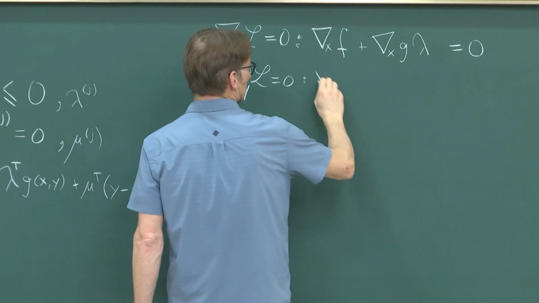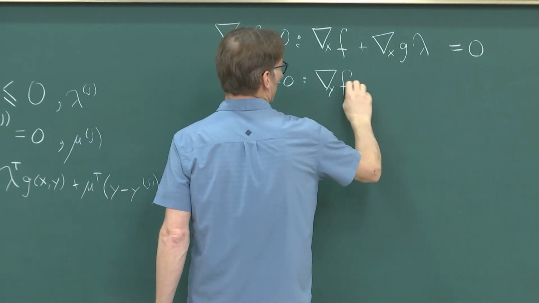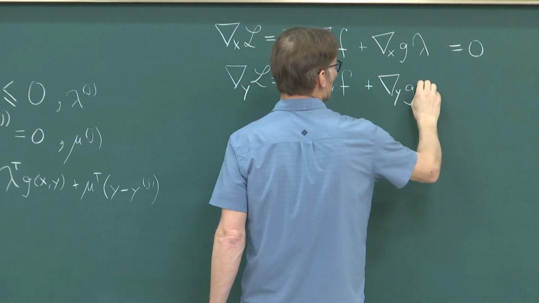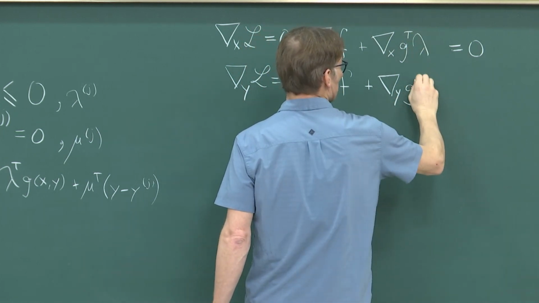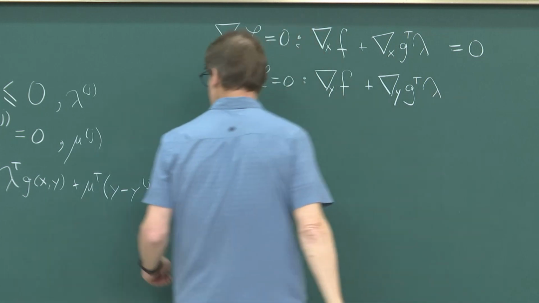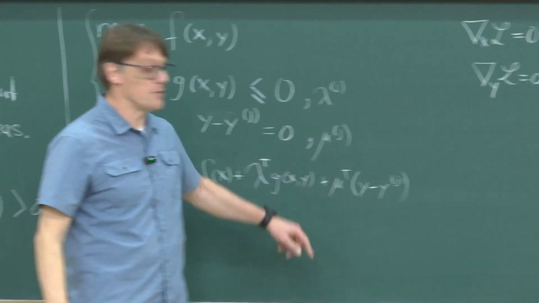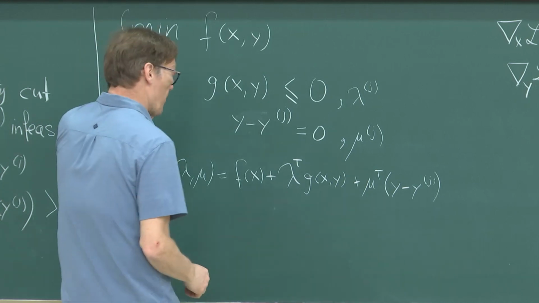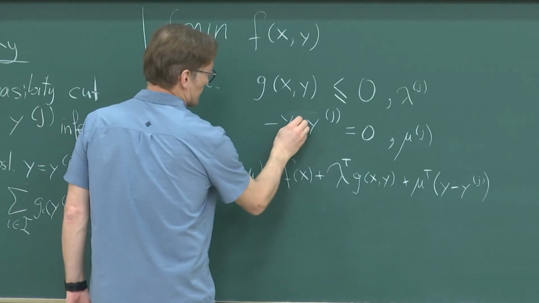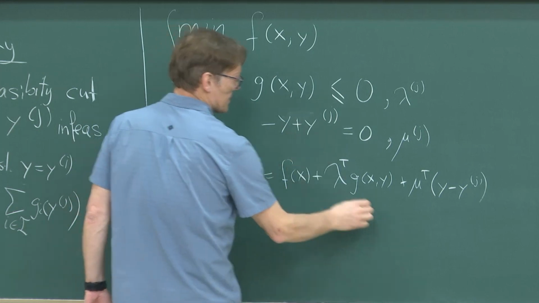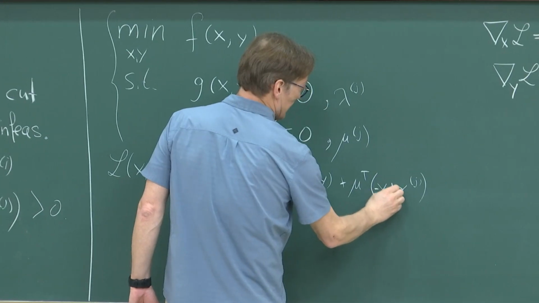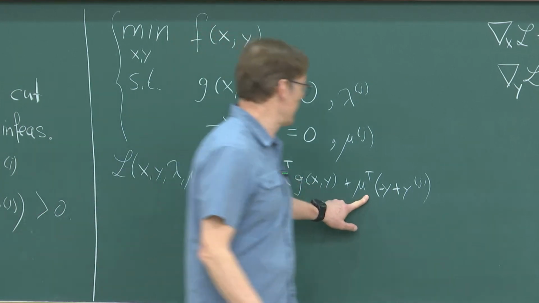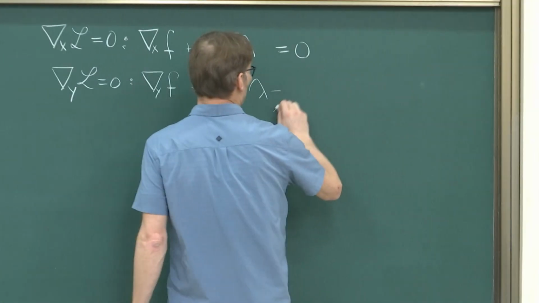And this looks almost the same, plus the gradient with respect to y of g, I think there's a transposed here, times lambda. But now I have one additional term. I have my mu here. And I did this the wrong way round. I should have written this as minus mu plus y. So if I write it like this, then it's going to come out nicer. So then I get a minus mu here.